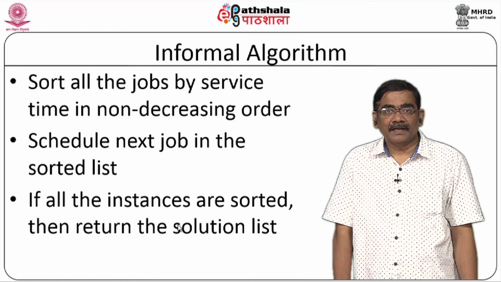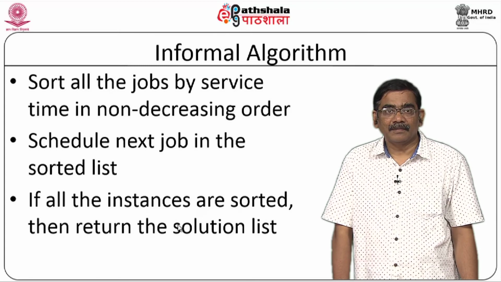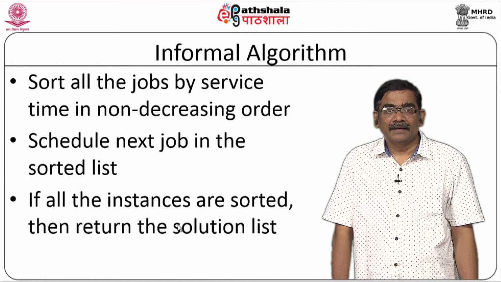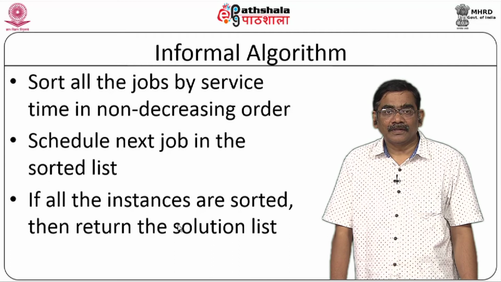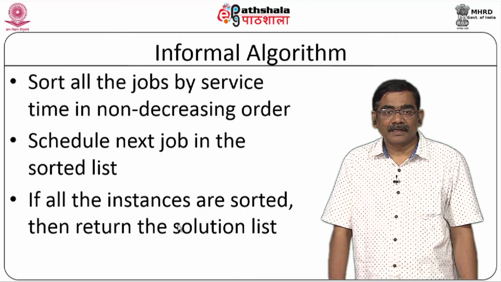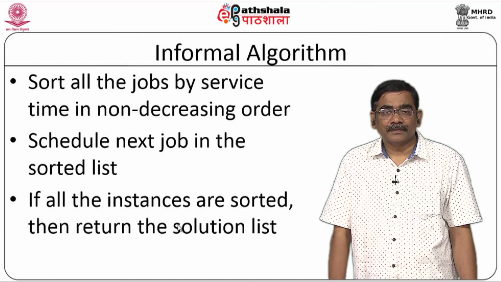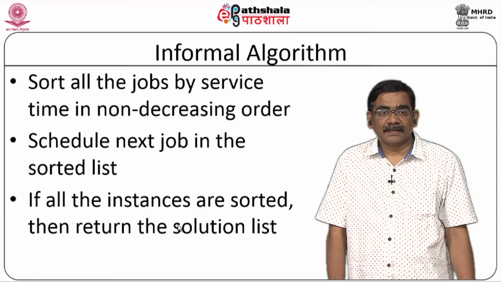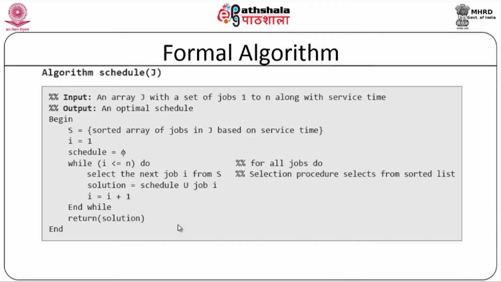The informal algorithm is very simple: sort all the jobs by the service time in non-decreasing order. Then we have the sorted list, where the jobs are sorted based on the running time. Then based on that I am going to allocate jobs from the sorted list. This is the informal algorithm. This is the formal algorithm.